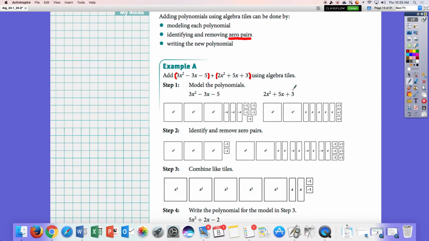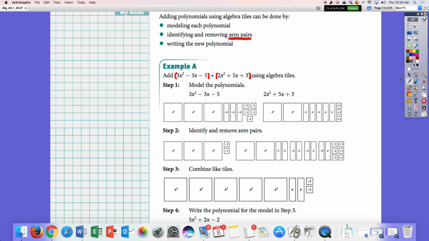This is very important as we move into subtraction, because if we were to subtract the polynomials, the negative would have to be distributed throughout, and it would change the sign of each term. But again, since we are adding, the parentheses don't mean as much, okay?